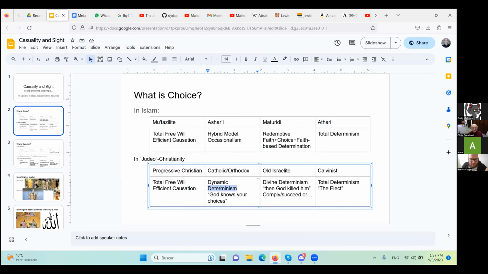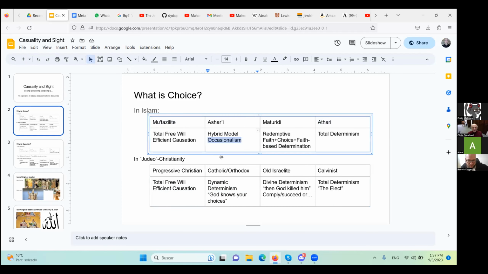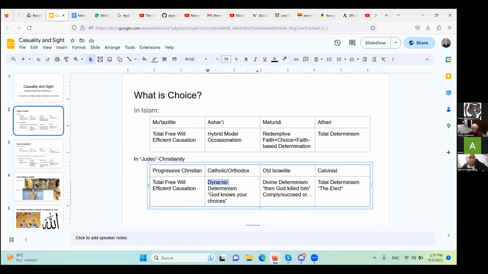The Catholic Orthodox is a little bit more nuanced because they got more rules. My dad's a big Catholic, and I asked him about this, and he said, God knows what choices you're going to make. So in other words, it's almost like the occasionalism model. It's almost like when you run the sim on the story world and you generate a statistical plot of all the outcomes, and based on your parameters, you see what percentage of good endings you get, what percentage of bad endings you get.